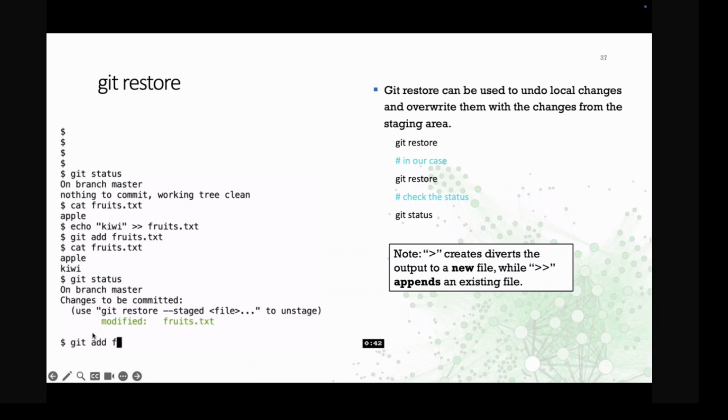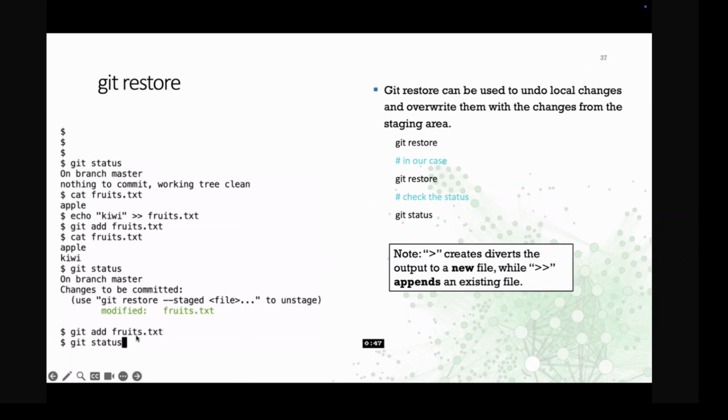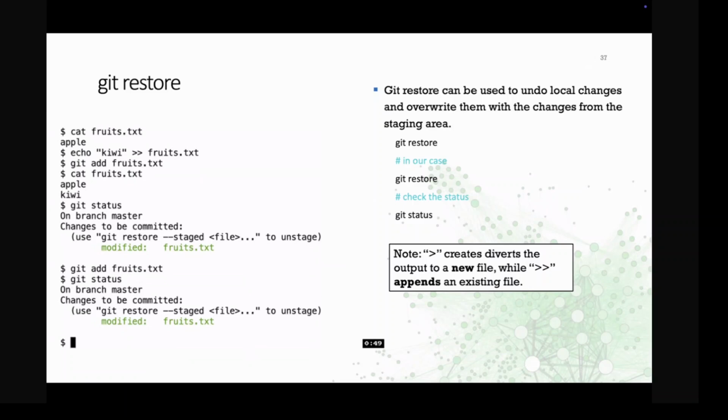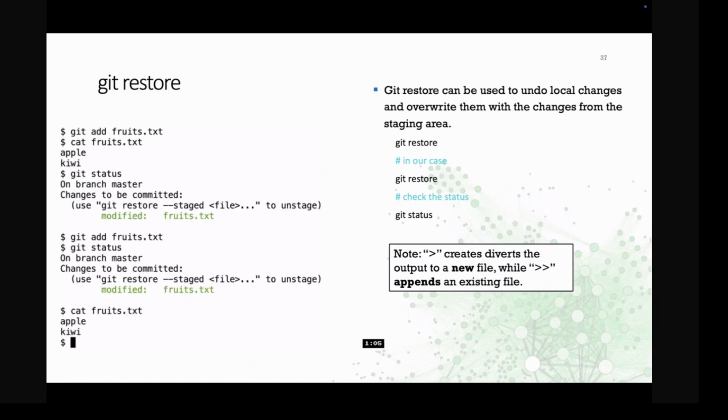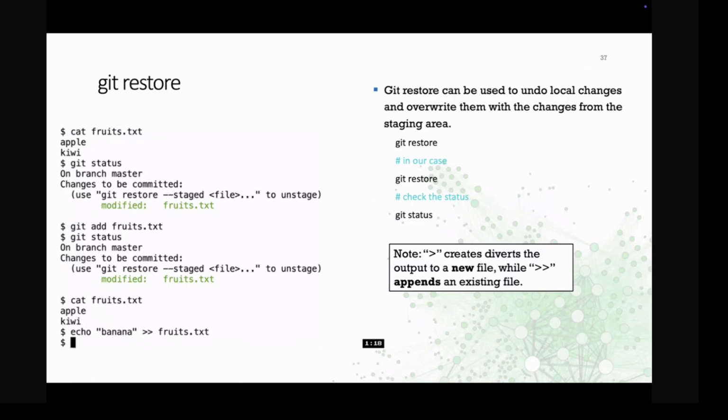Then I check the status, and it says fruits have been modified. I add fruits to the staging area. And what I do now is look again at fruits. So what is in there? It's apple and kiwi. And now I add, for example, banana as well to my fruits. But that's only local, it's not staged yet.